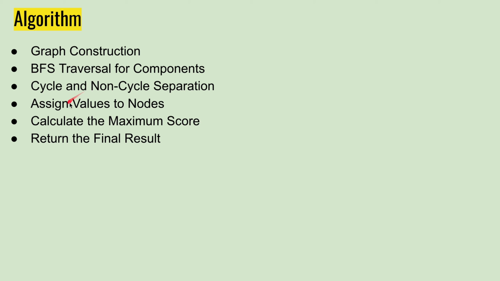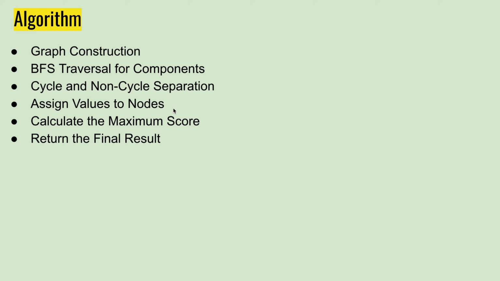Okay. Next we will assign values to the nodes. So we assign values from n that we have given down to 1 for the nodes in each component, and we will try to maximize the sum. For a cycle component, we will assign the values in an alternating fashion, for example 7 6 and 5, like that we have done.